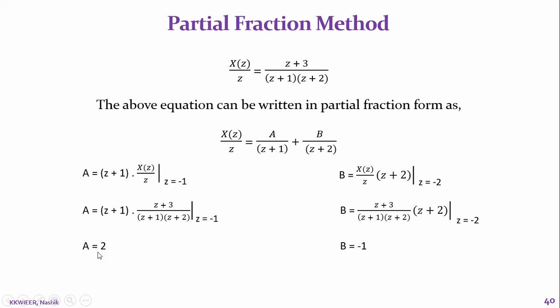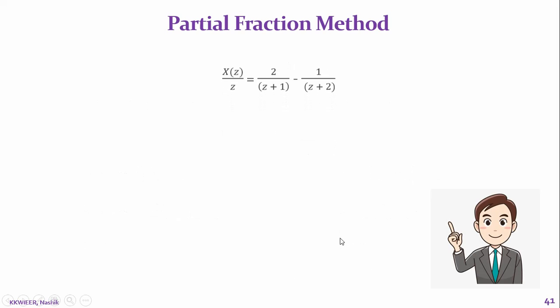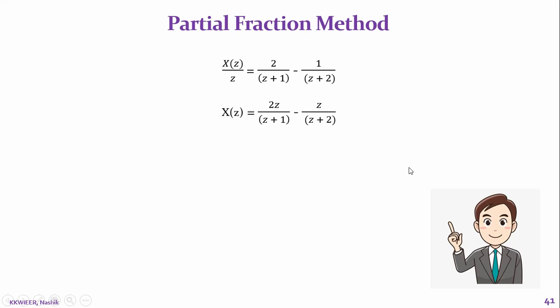So once you have got the values of a and b, substitute them over here. It will look like this. So this z, which was in the denominator, will go in the numerator on the other side of the equal sign.